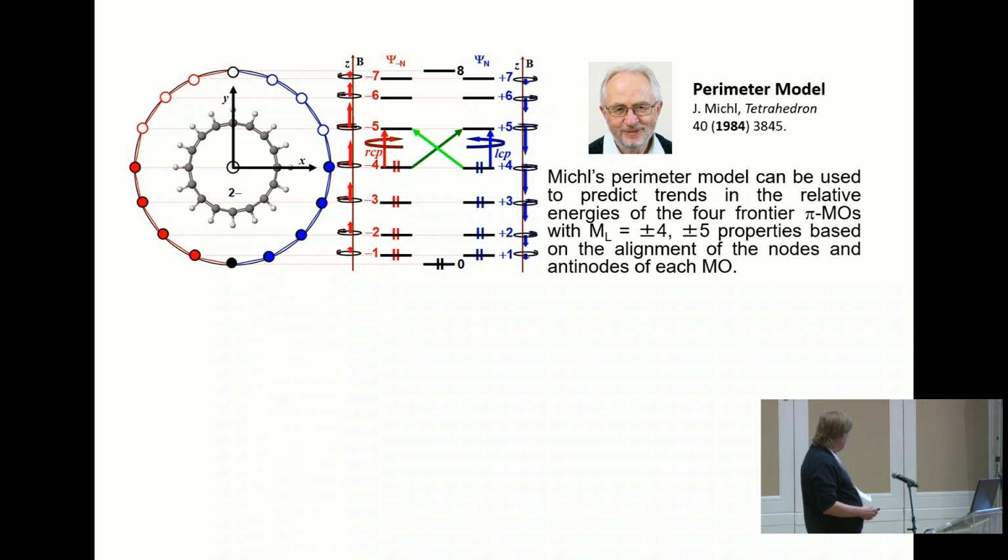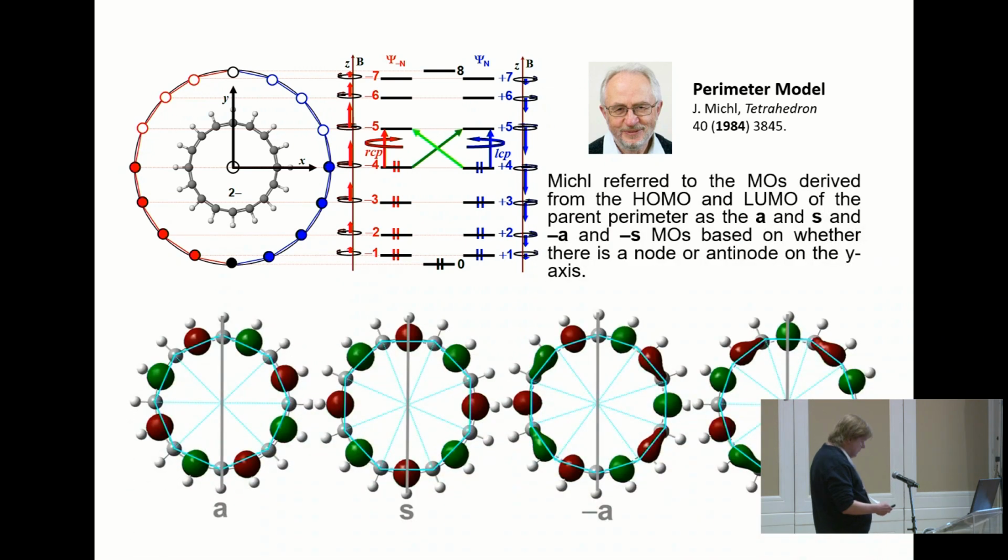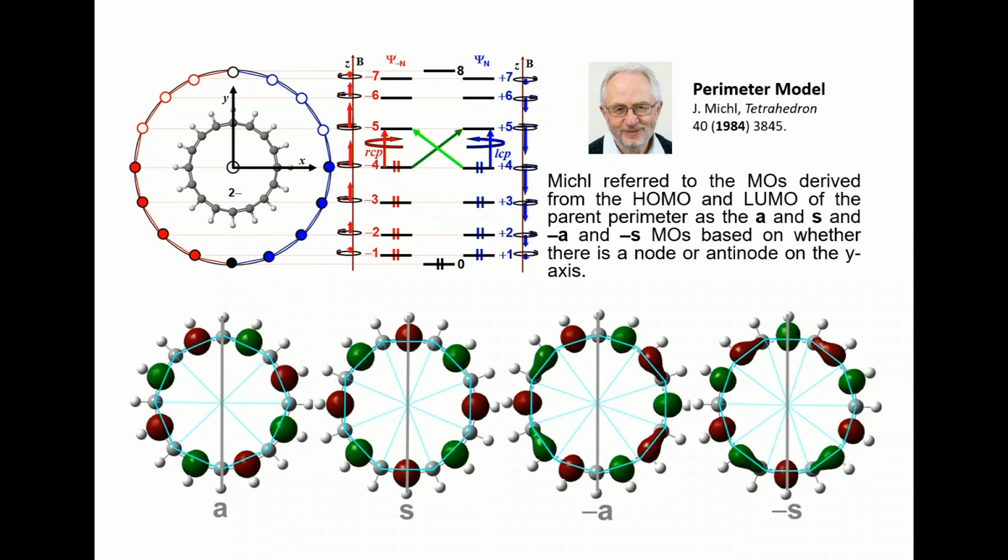The highest occupied have 4 nodal planes, angular nodal planes, the lowest unoccupied 5 nodal planes, and I'll be using a nomenclature that's shown here. A means that there's a nodal plane aligned with the symmetry-defined y-axis, and S means that there's significant MO coefficients on the y-axis. These are the HOMO level, these are the LUMO level.